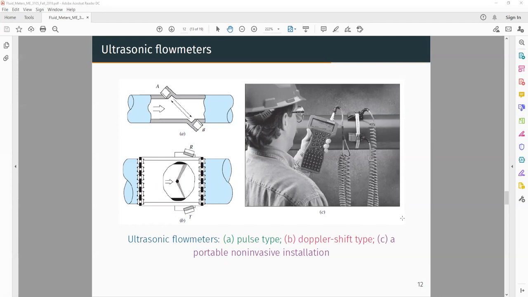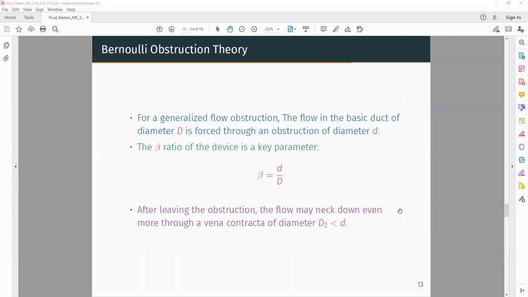And rotameters are actually flow measuring devices that use the aerodynamic drag on a plug to measure the flow from that duct.